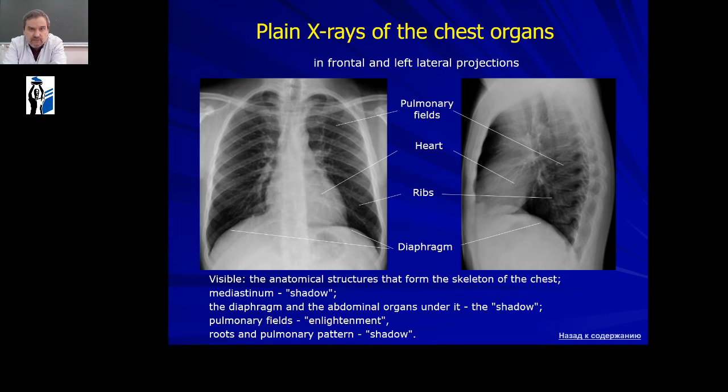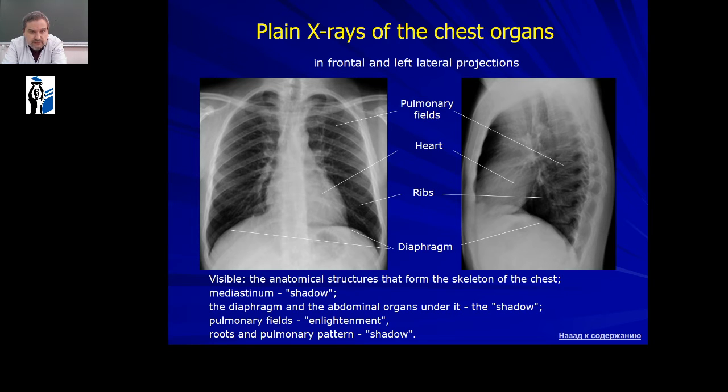Plain X-ray of the chest organs in frontal, direct and left lateral or side projections. Visible are the anatomical structures that form the skeleton of the chest and mediastinum. This is shadow.